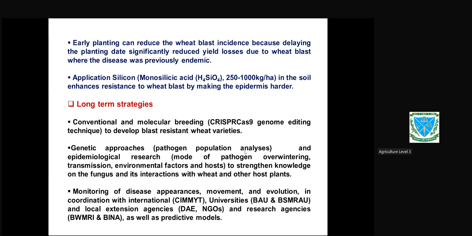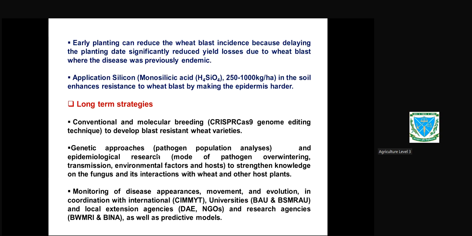Genetic approaches, pathogen population analysis. We have to have a good understanding of what pathogen races we have in the country. Epidemiological research, how the pathogen overwinter, কোথায় তারা থাকে, কিভাবে transmit হয়, what are the crucial environmental factors, এগুলি সম্পর্কে clear idea থাকতে হবে, so that we can manage the wheat blast for long time.